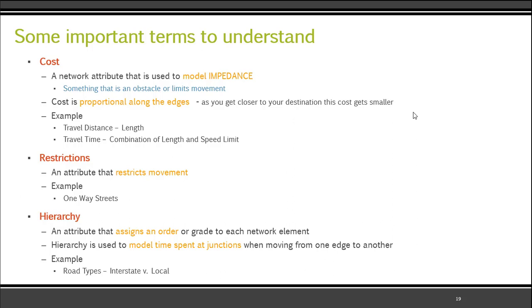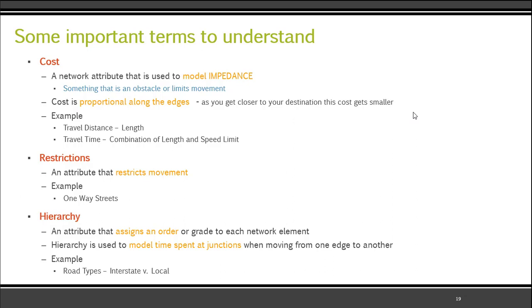When the network solver is working and it's using those global turntables, when you come to a junction, it knows that if you're moving from one road element to the next of the same hierarchy, that travel usually takes less time. You're staying on the same road type. But it knows that in the United States, if you're moving from one road type to another, let's say you're getting off onto a state highway from a local road, there's probably going to be a stop sign or a stop light there monitoring your traffic flow.